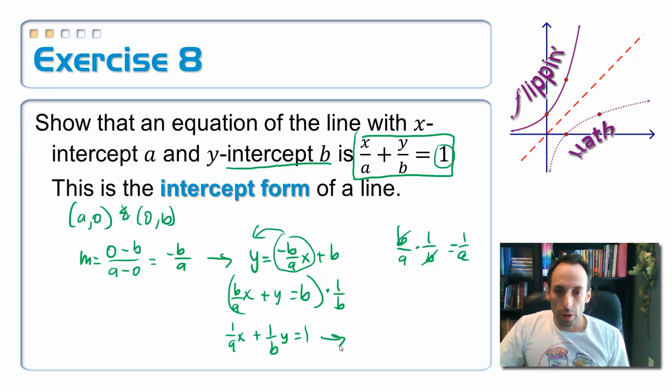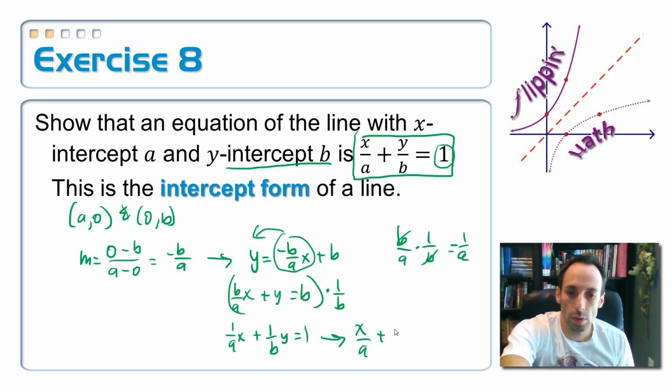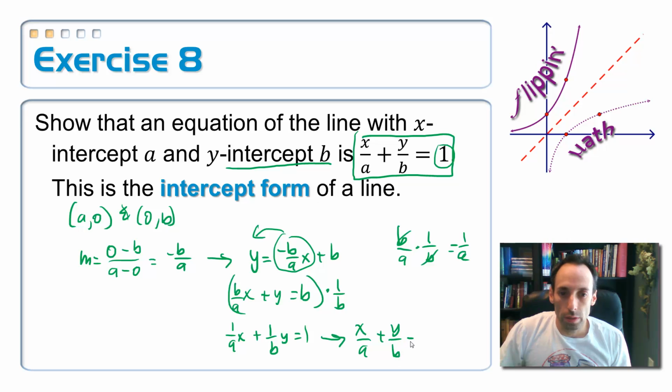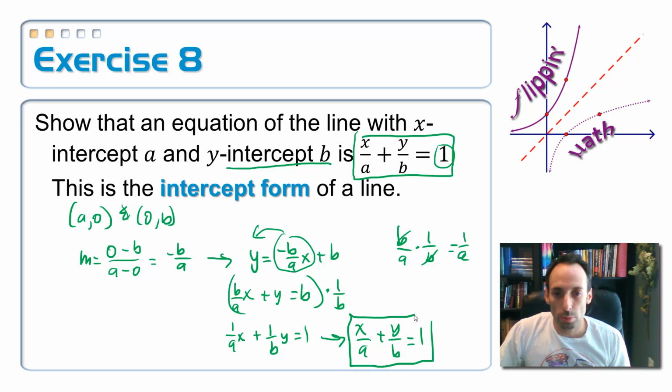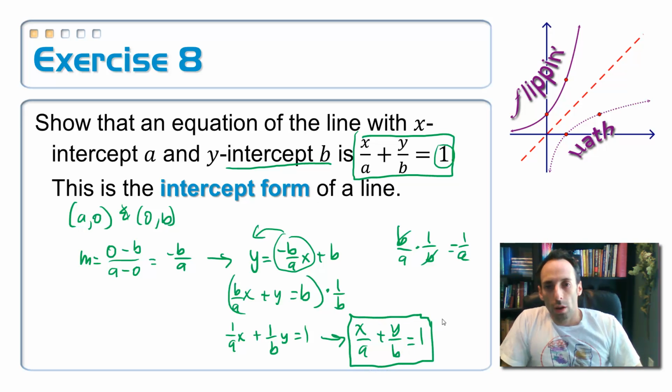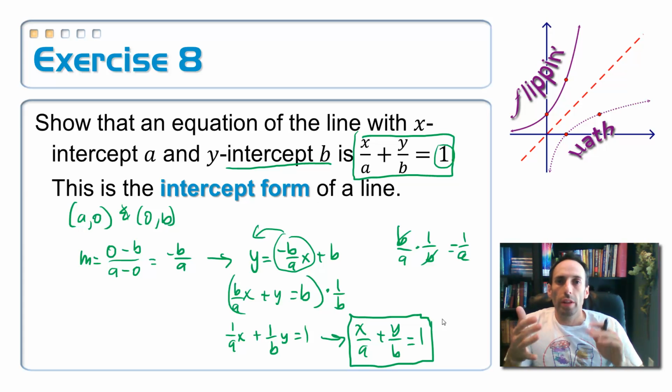You can rewrite it just like you see it up at the top. x over a plus y over b is equal to 1. And there we just proved it. Voila. What a fun exercise. Okay, so that was writing the equation of a line given a couple of conditions like a slope and a y-intercept, a slope and a point, or maybe just 2 points.